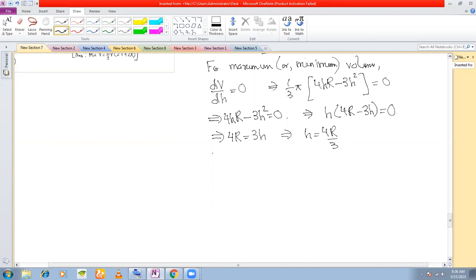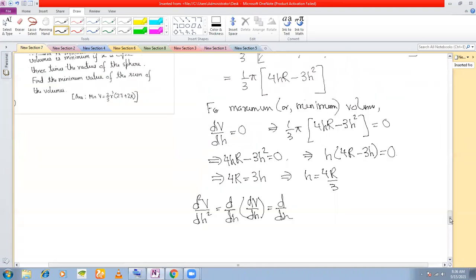How do you check whether it is maximum or minimum? Second derivative test, d2V/dh2, which is d/dh of dV/dh. And what is dV/dh? d/dh of 1/3 pi (4hr minus 3h square).